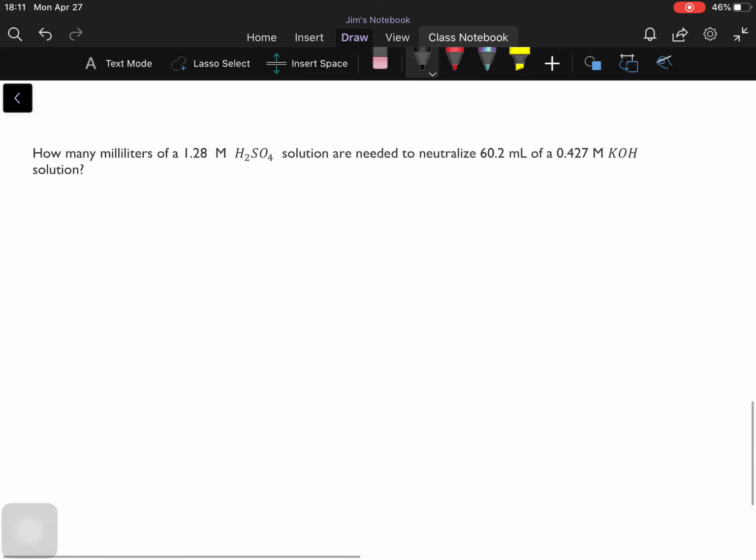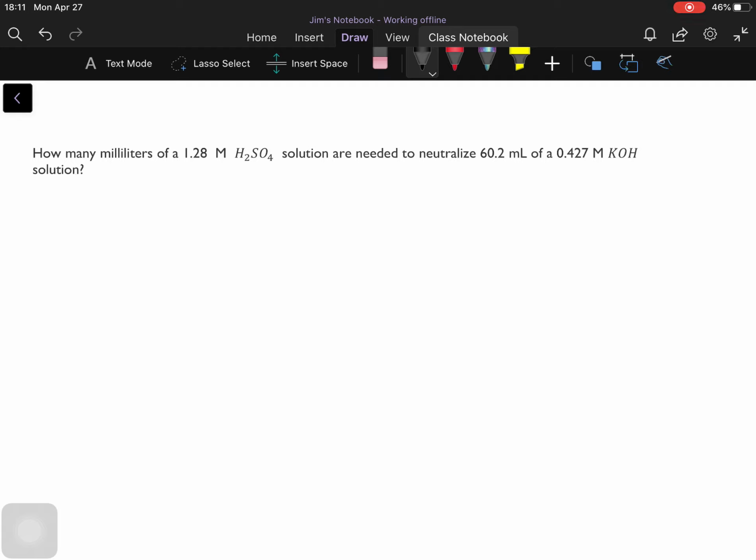Okay, so last one. How many milliliters of 1.28 molar sulfuric acid solution are needed to neutralize 60.2 ml of 0.427 molar potassium hydroxide solution?